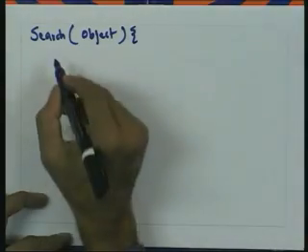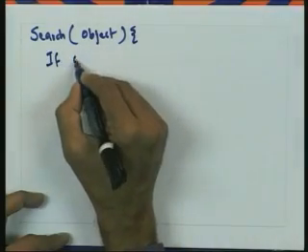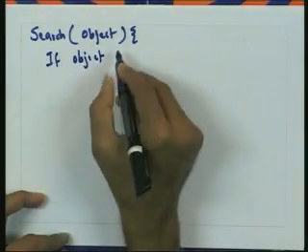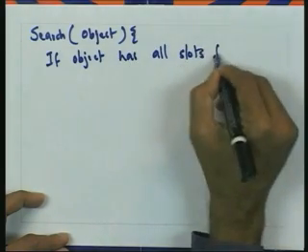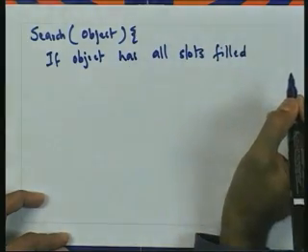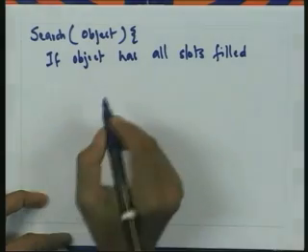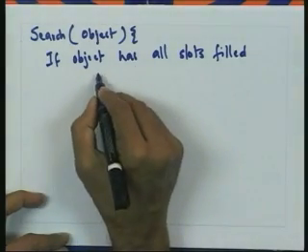So what does this do? If object has all slots filled, which is to say that it is a leaf, then we are going to check constraints.